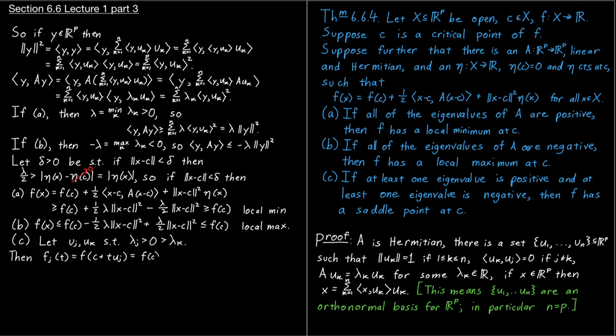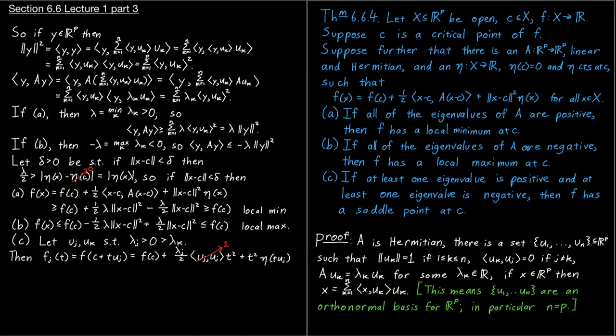That's f of c, plus lambda j over 2 times the inner product of uj with itself, and a t squared. And then uj, remember, is a unit vector, so this is 1. And then we add onto it a t squared eta of t uj.